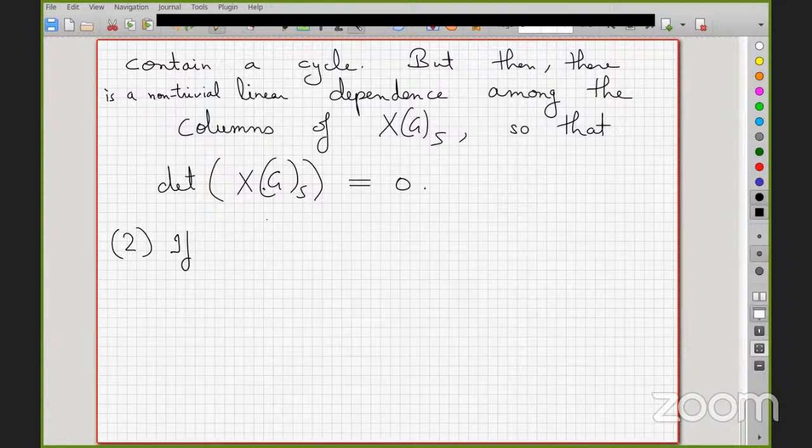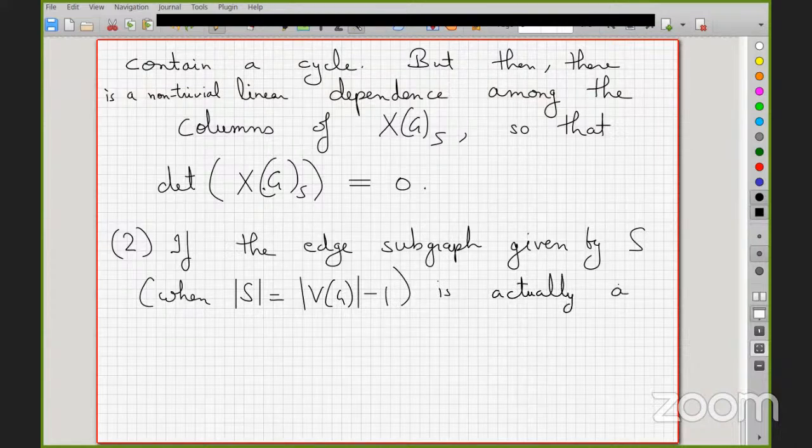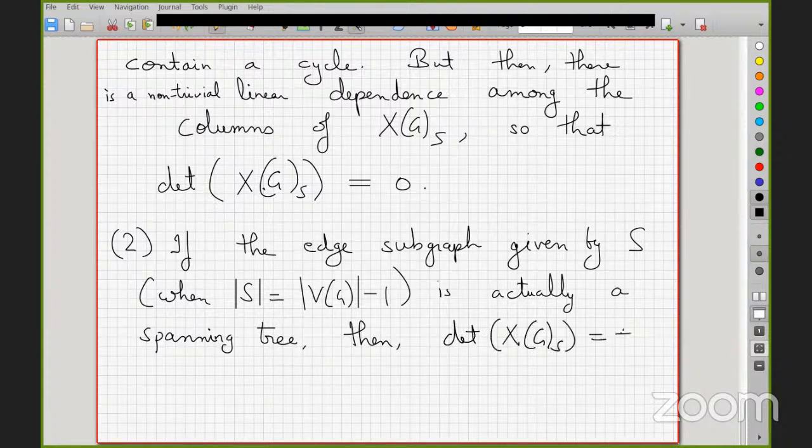Okay, so this gives one thing, and the other observation is that if the edge subgraph given by S is actually a tree, so it has to be then a spanning tree, then the determinant of X is actually ±1.